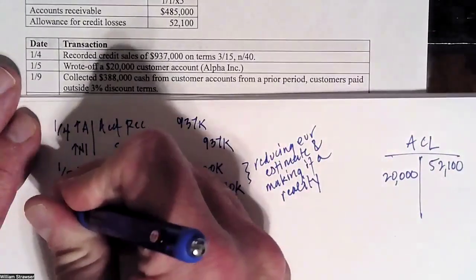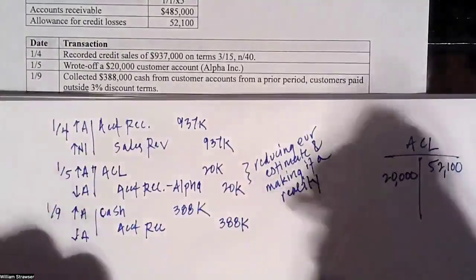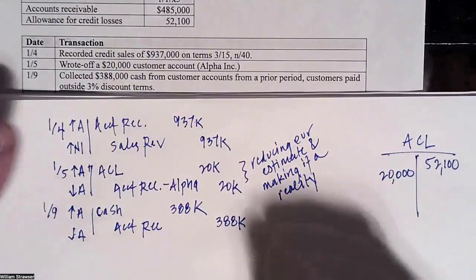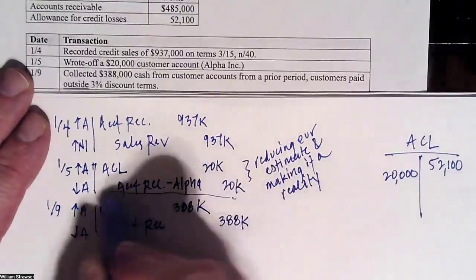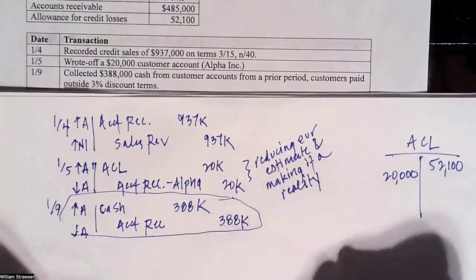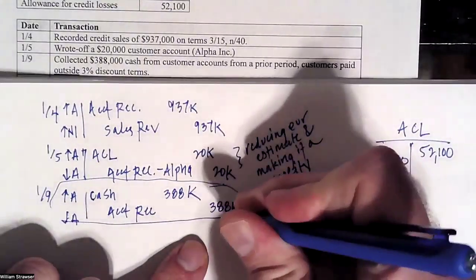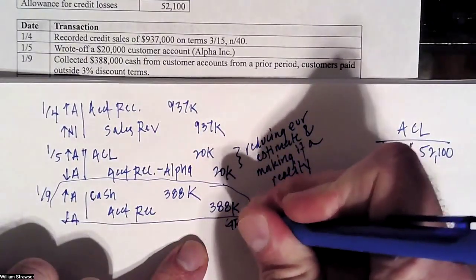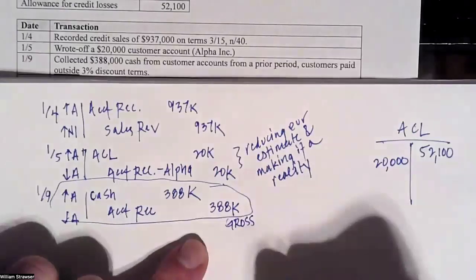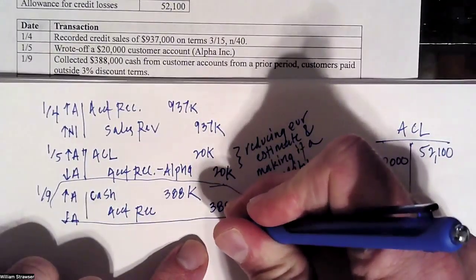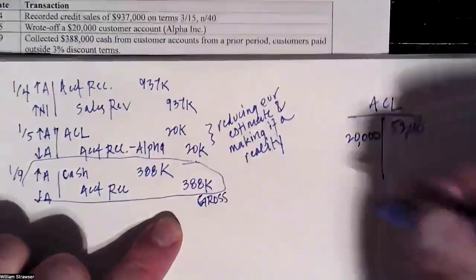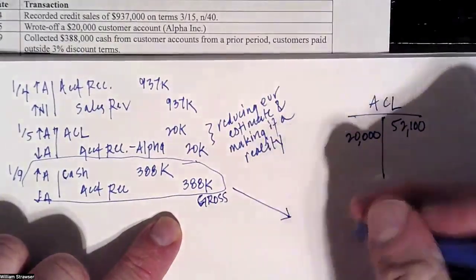So let's think about this transaction, but just as a side, the problem doesn't even ask for this. Just as a teaching moment, let's think about this. This is the gross method entry because that's what the problem told us to assume. But let's take it over and think of it as maybe a net method entry.